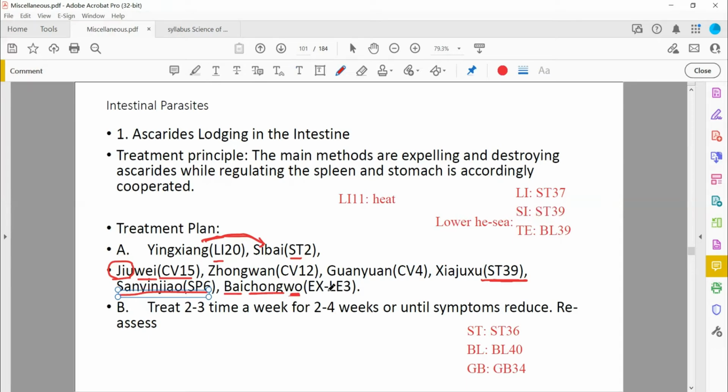If translated directly into English, that means the nest, like for the bird.